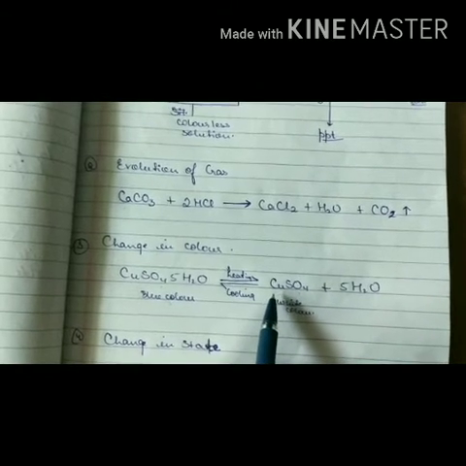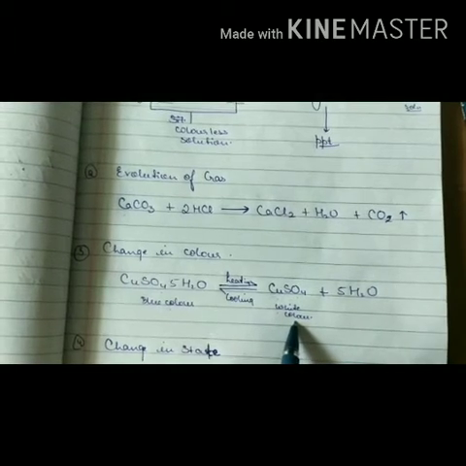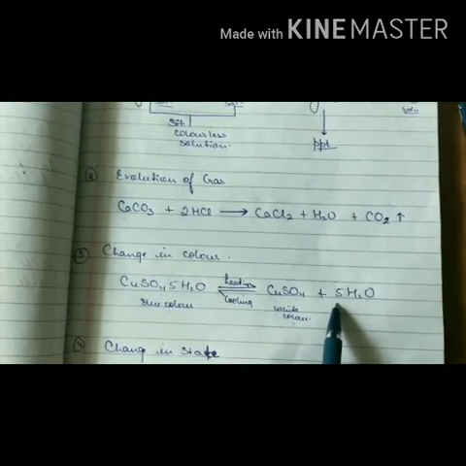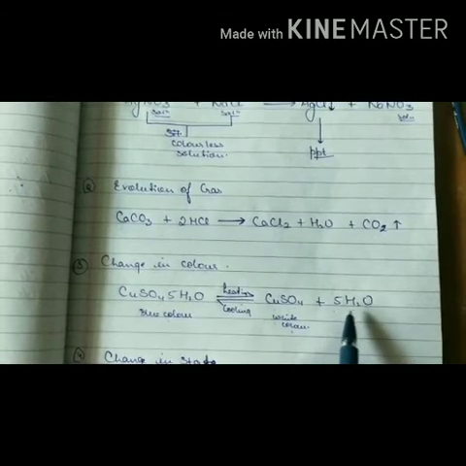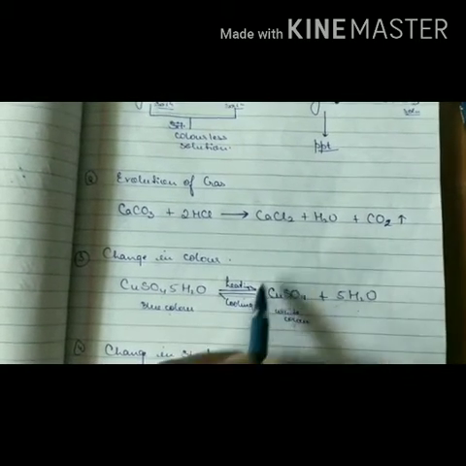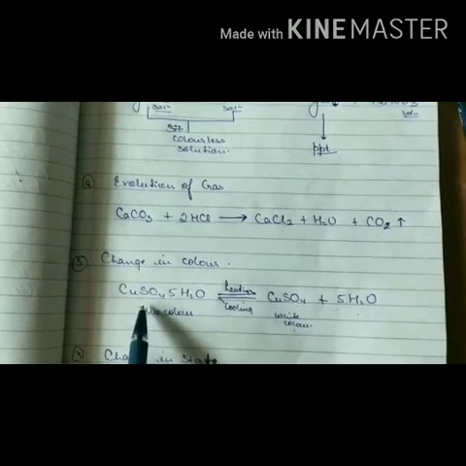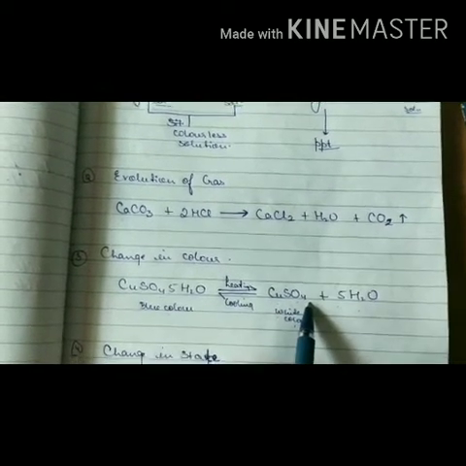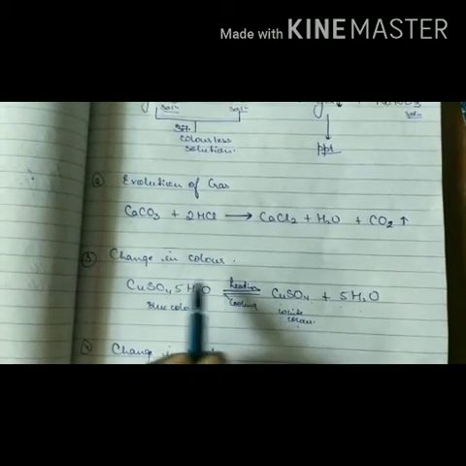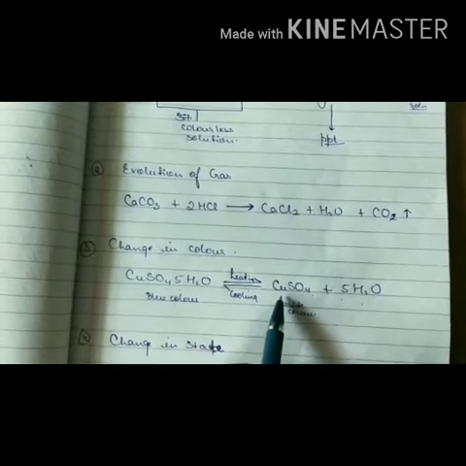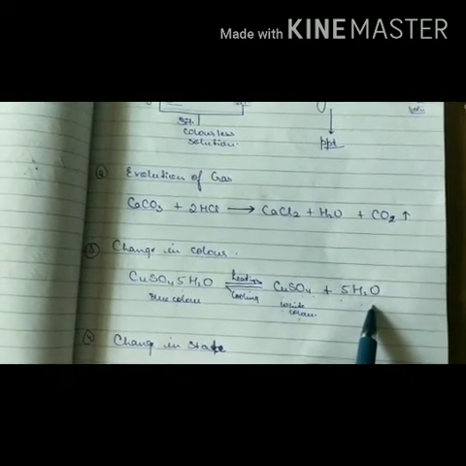The color of copper sulfate after the reaction is white, and water is also a product. How will you obtain the white color of copper sulfate? When you heat the copper sulfate crystal, it converts into anhydrous copper sulfate and the water is emitted out.